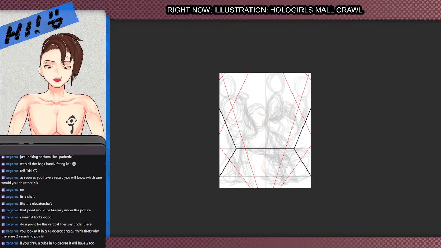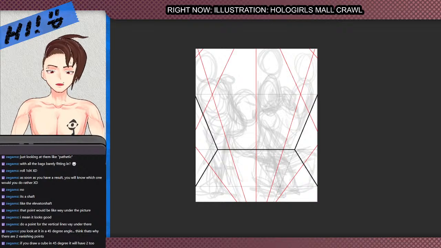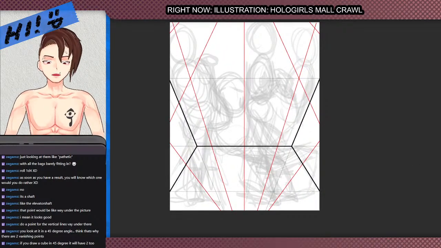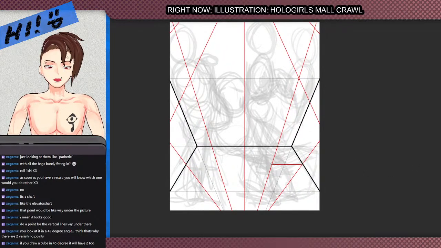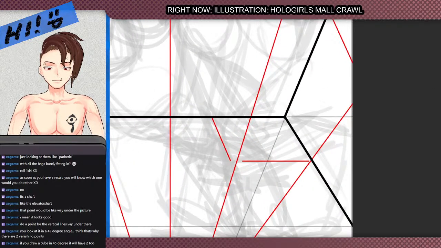Okay, so now let's make where the characters are going to stand, right? I'm thinking we're going to have two characters standing here. One is going to be like here. I'm actually going to make it with blue lines here to mark the characters.